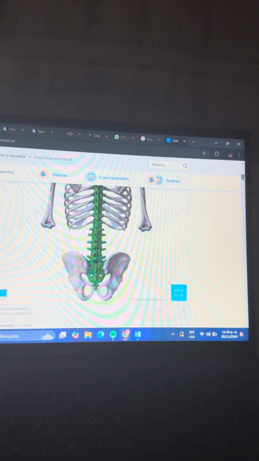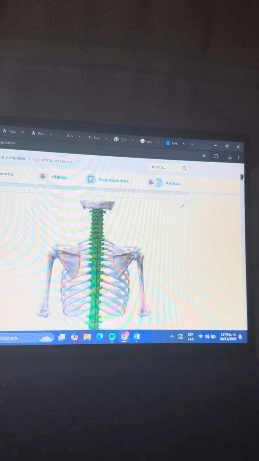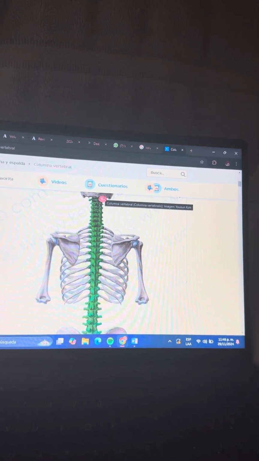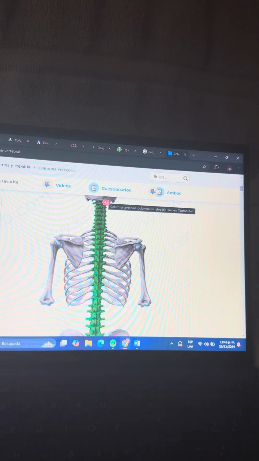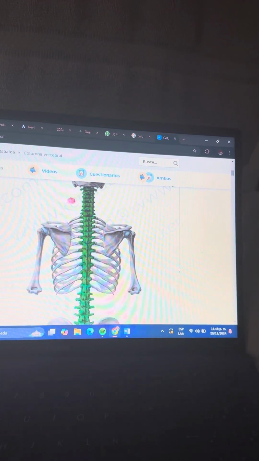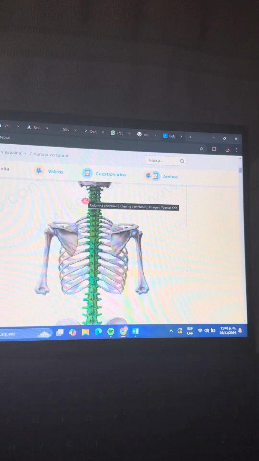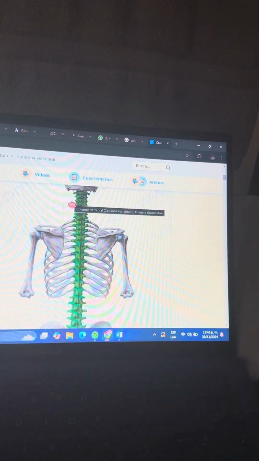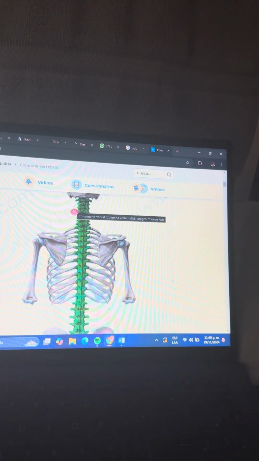The first vertebra is known as the atlas, and it articulates with the second vertebra, which is called the axis, for head movement.